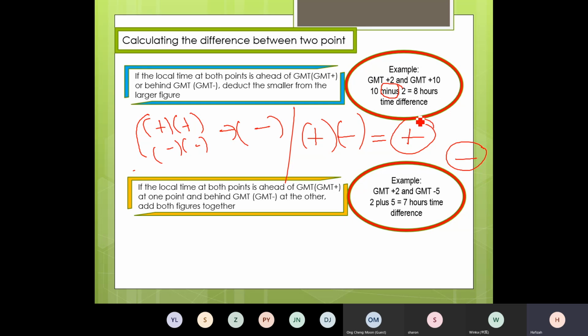That is the keyword you need to remember. If the GMT is the same, plus plus, you should minus. But if one is plus and one is minus, you should plus. Please bear that in mind. This is the trick: plus minus, plus minus plus. So it's the reverse of your maths.